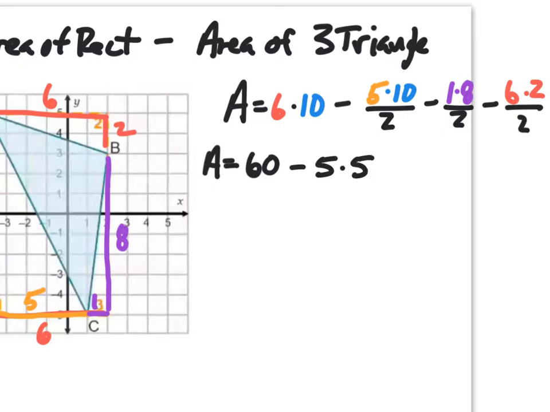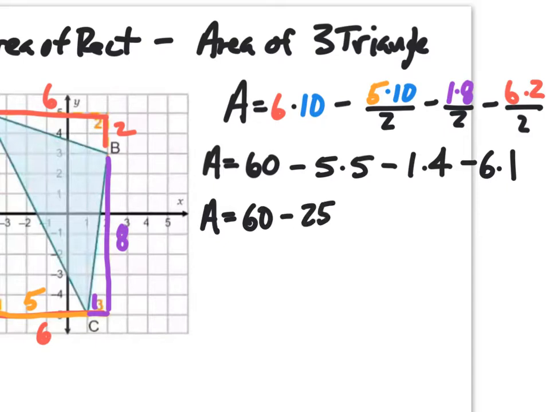So minus 5 times 5, and then minus 8 divided by 2 is 4, so minus 1 times 4. And then 2 divided by 2 is just 1, so I'm just going to subtract off 6 times 1. So we get area is equal to 60 minus 25 minus 4 minus 6.